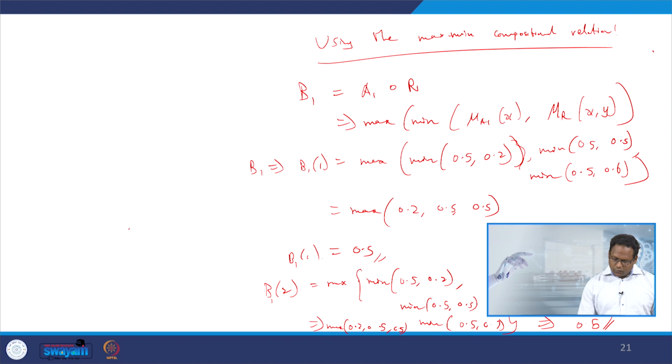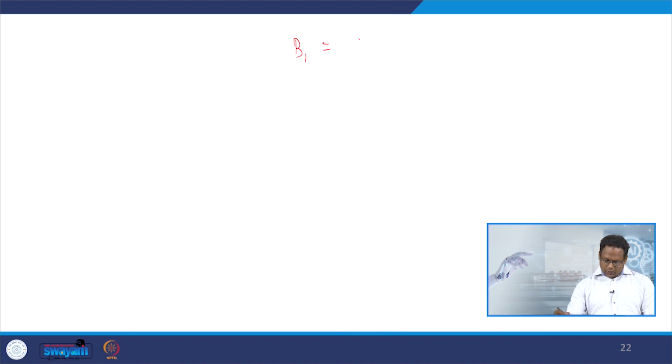Likewise, we can do for B1 of 3, that is coming out to be 0.4. So, finally, we can say that B1 is obtained as 0.5 upon 5, 0.5 upon 7 and 0.4 upon 9.